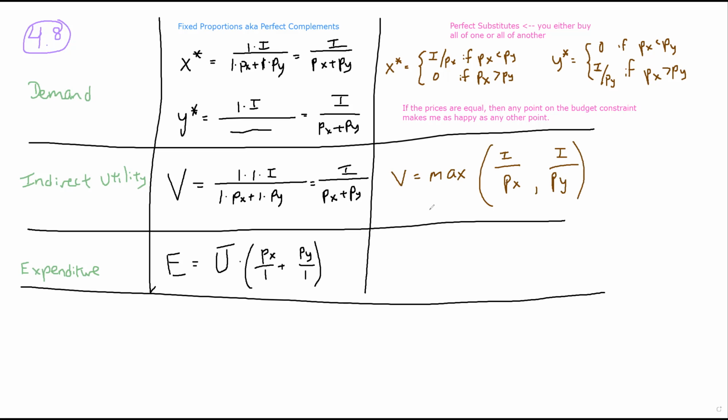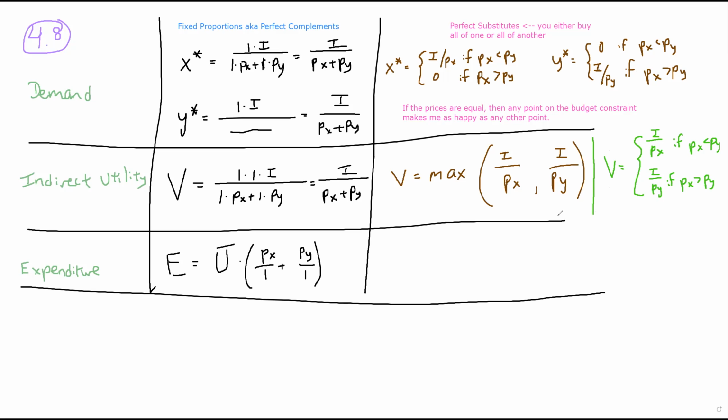You could also say this in a different way that doesn't involve the max function. V equals I over PX if price of X is less than price of Y, or I over PY if price of X is greater than price of Y.